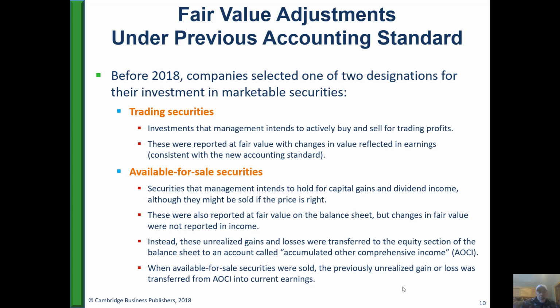Those were typically run through accumulated other comprehensive income. The changes in the fair value of those securities would not be reported on the income statement. It would be recorded in accumulated other comprehensive income, which we've talked about in the past already this semester. That's the category of income that's reported below net income, oftentimes on its own separately reported statement. And there again, for the eagle-eyed analyst, it was always there to be analyzed. You just had to know where to go to look for it.